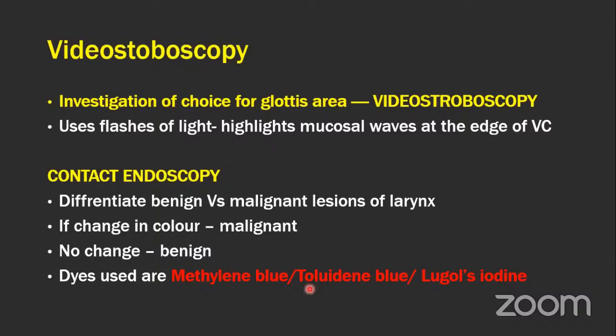Okay, that is the magnification for a contact endoscopy. If there is change in color, it is malignant. If there is no change in color, it's benign. So that is contact endoscopy. And by doing this, pre-malignant conditions like dysplasia can be detected very early. That is the advantage of contact endoscopy.